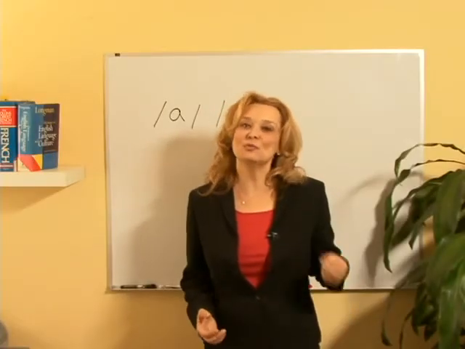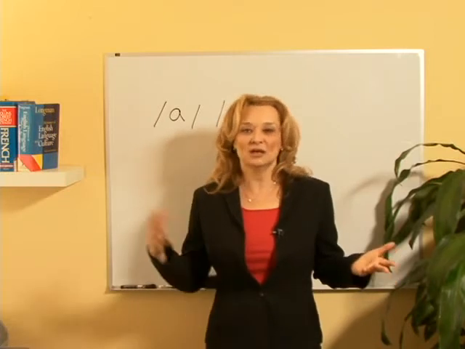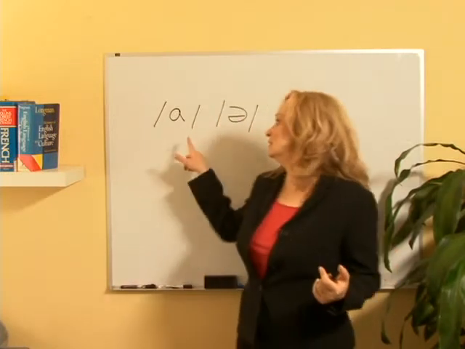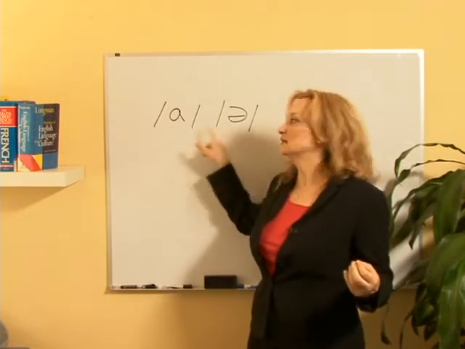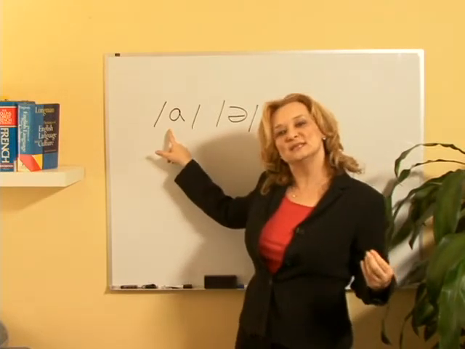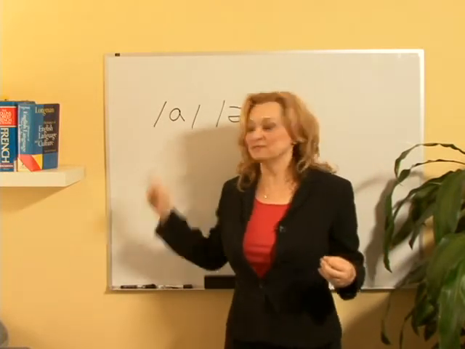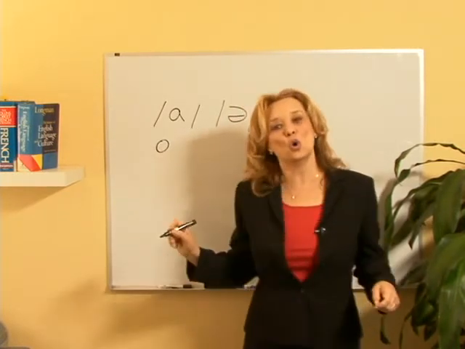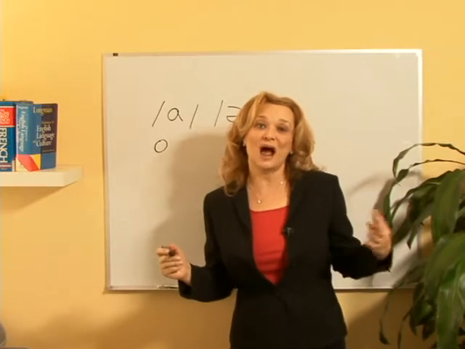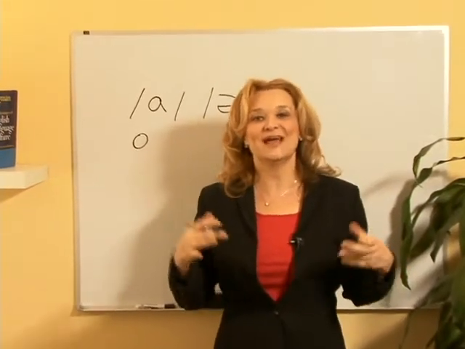Let's compare two more vowels that can be confusing to people. One of them is tense and one of them is neutral. This one is ah and this one is uh. This is the tense one. The reason this can be a problem for a lot of people is sometimes this vowel is actually spelled with the letter O. So for example, the word hot, H-O-T, we don't say huht, we say hot.